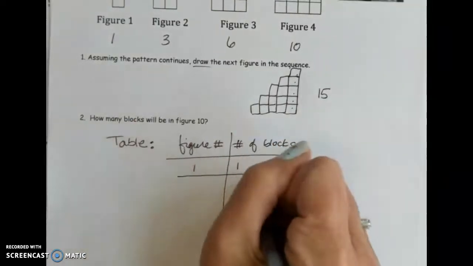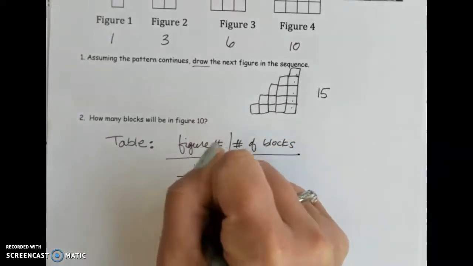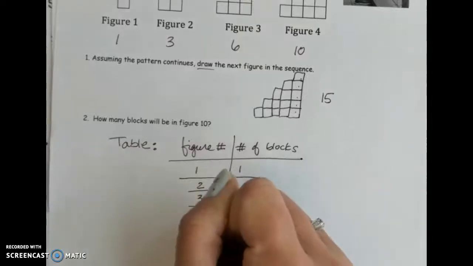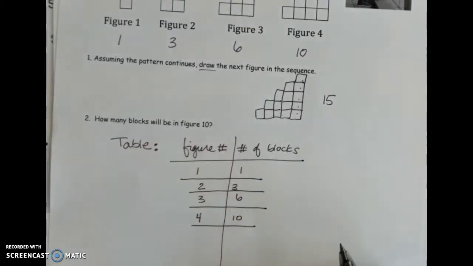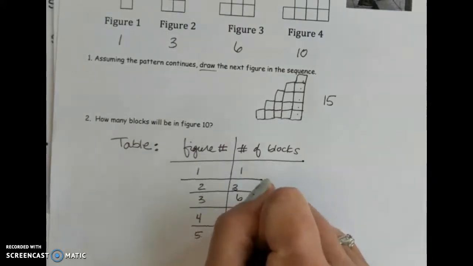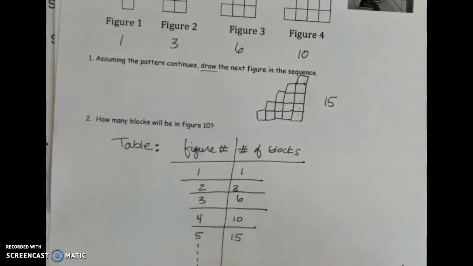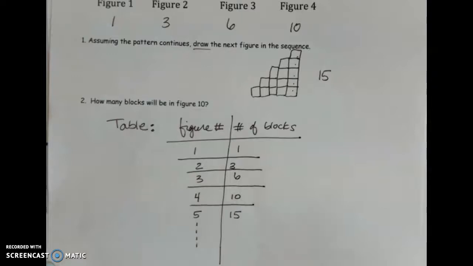In figure 2, we had 3. In figure 3, we had 6. Sorry, I haven't written all summer. Usually my first go with writing is a little bit tricky. And now with all this technology, we are crazy. So if this pattern continues, we want to know how many there will be in figure 10.